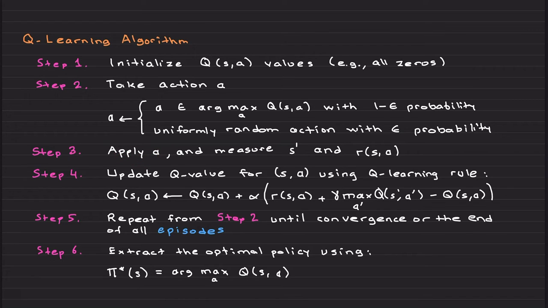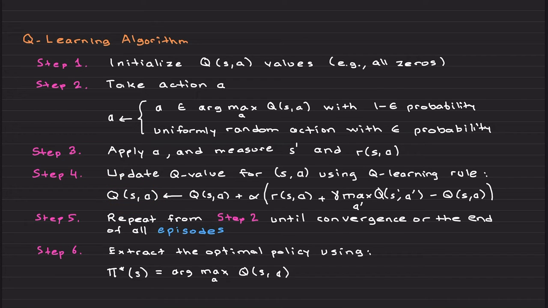I mentioned the robot. Robot goes from point S to point S prime. Observe or measure that S prime and compute your reward function.